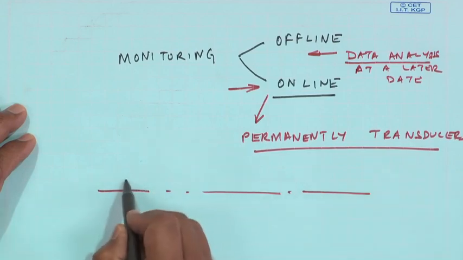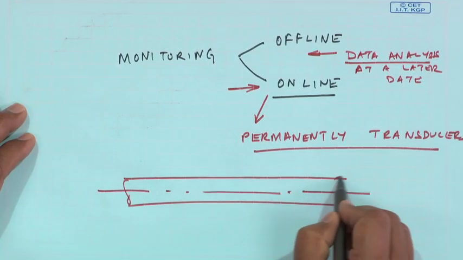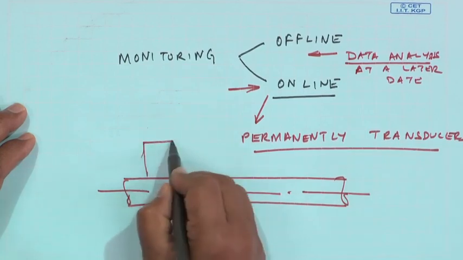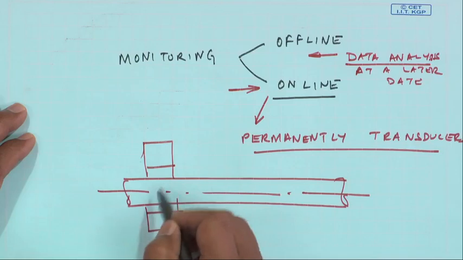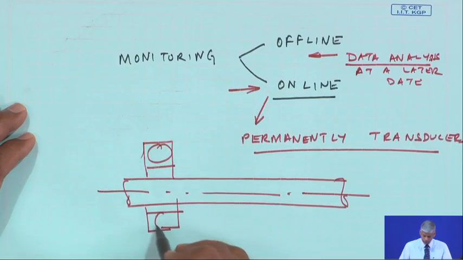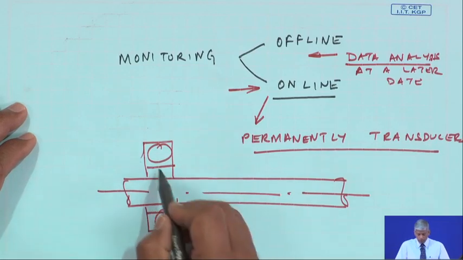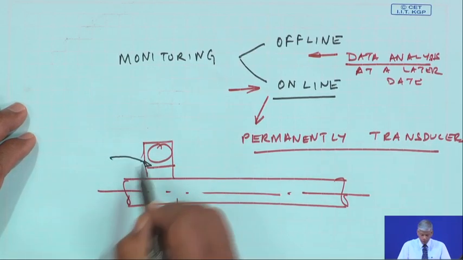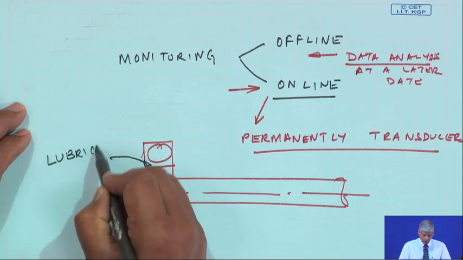For example, though we have not studied bearings, I will just tell you a fact now. As you know, machines have rotating shafts which are supported on bearings, and similarly on this side. These bearings, those of you who know about ball bearings, have a layer of lubrication.